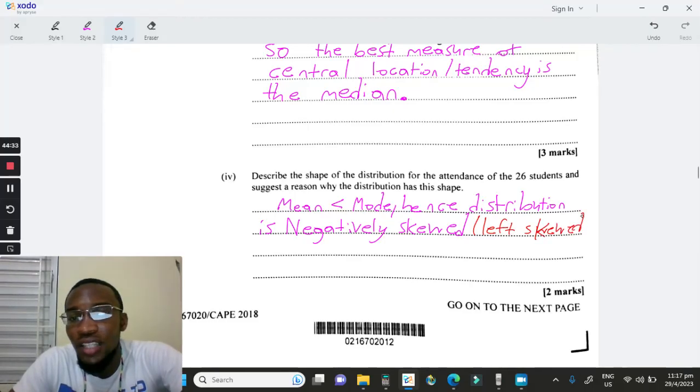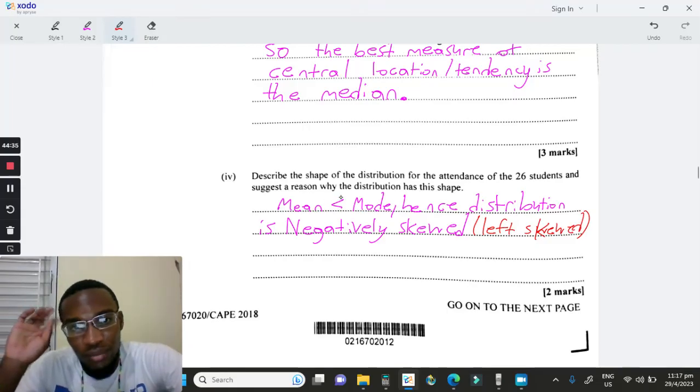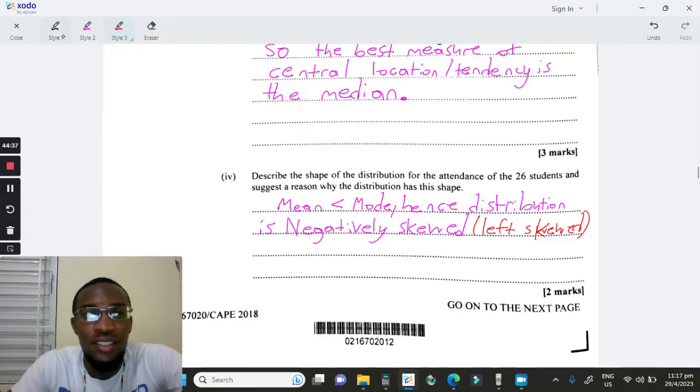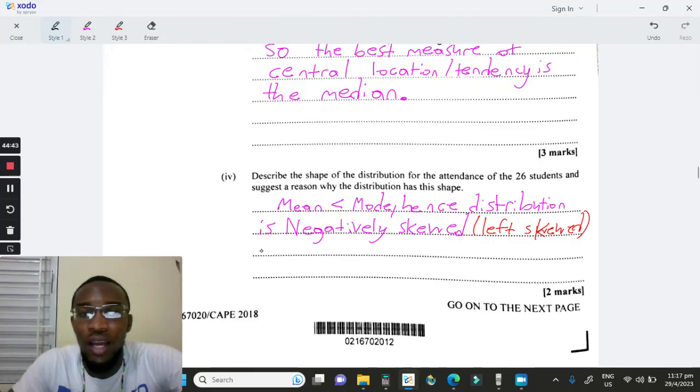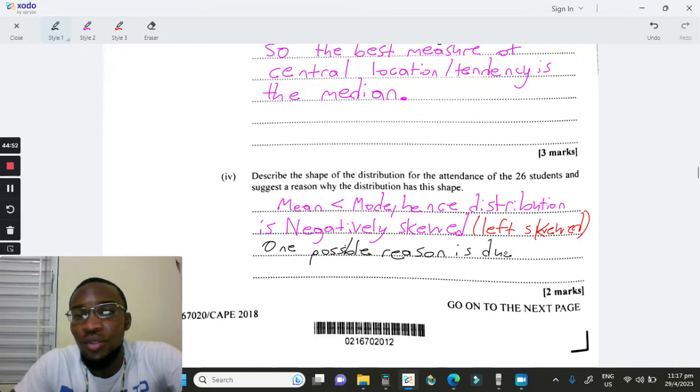Now since it is left skewed, it says suggest a reason why the distribution has this shape. Now, one possible reason why it is negatively skewed is possibly because of the outlier 12.